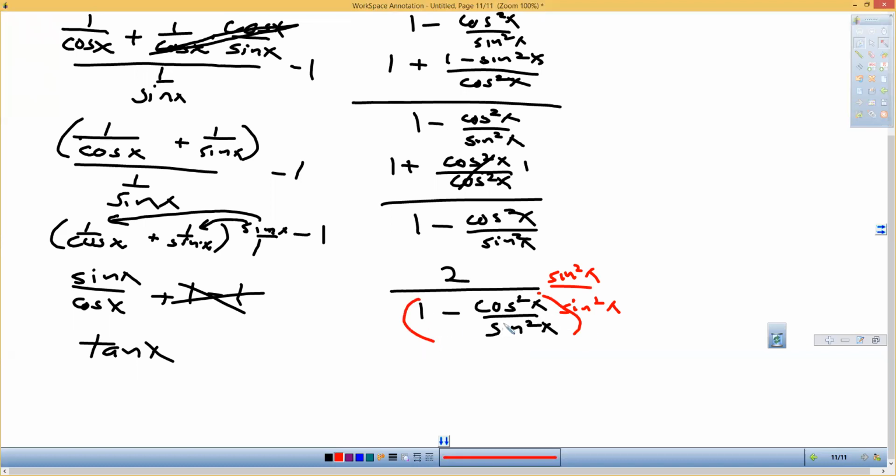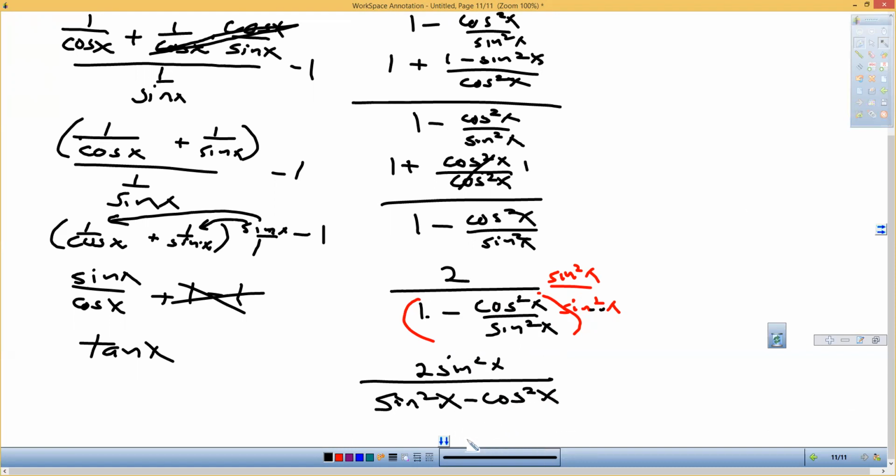Now I have to do the distributive property down here. So on the top, I've got 2 sine squared x. Then I take this sine squared times that 1, and I get sine squared x. And then I take this sine squared times this one, and that gives me minus cosine squared x.